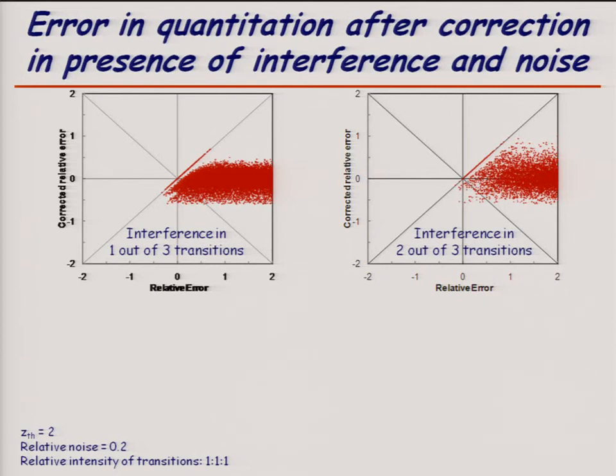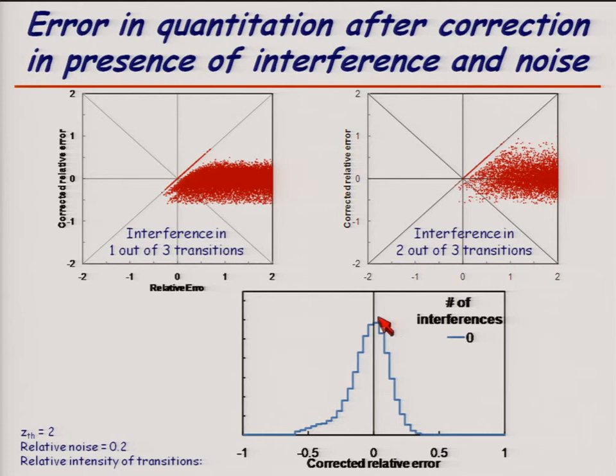So now we looked at interference in 1 peak. If we move to interference in 2 peaks, this is the old data that I showed before, 1 interference out of 3 transitions. Now we have a much worse case where we have 2 interferences out of 3 transitions. You see that we get a quite wider distribution here. This compares the case with no interference, only noise, then 1 interference, and then 2 interferences.